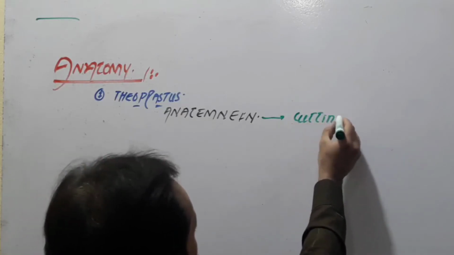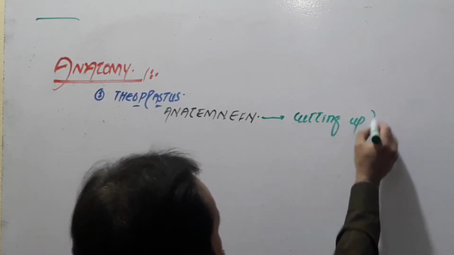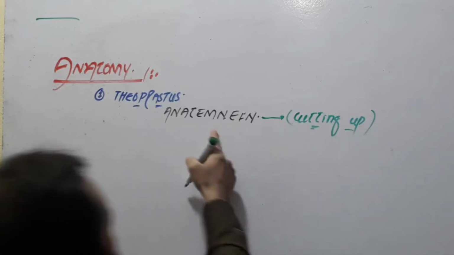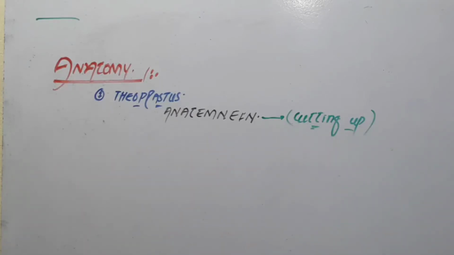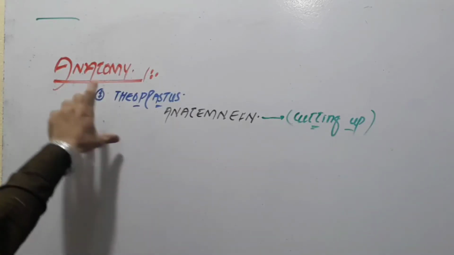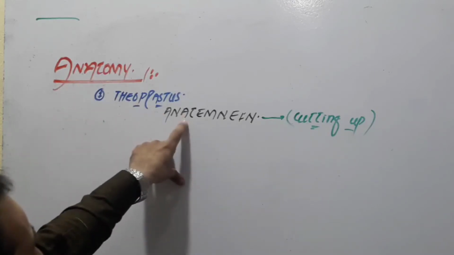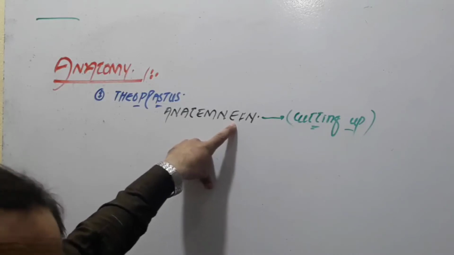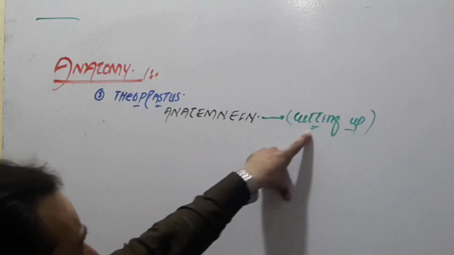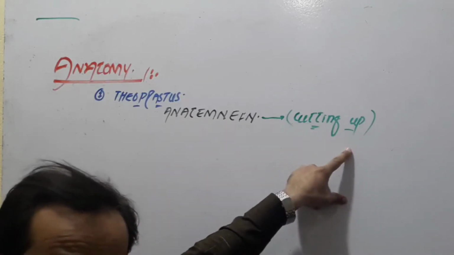This word was used for the first time by Theophrastus. He was a scientist. He didn't use the word anatomy, he used the word anatominin, and this word means cutting up.